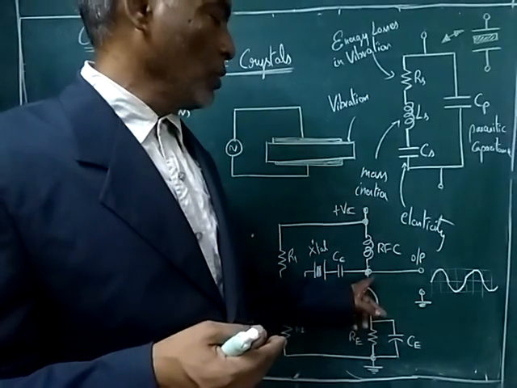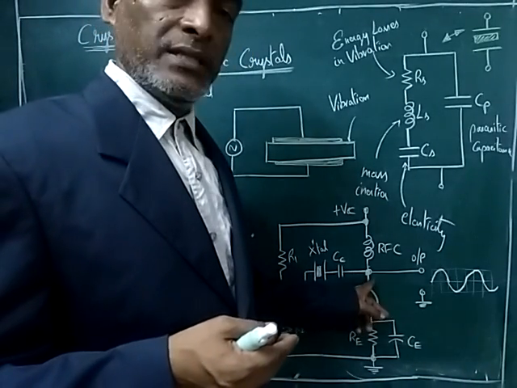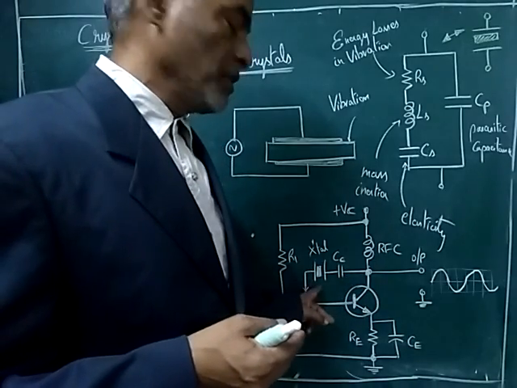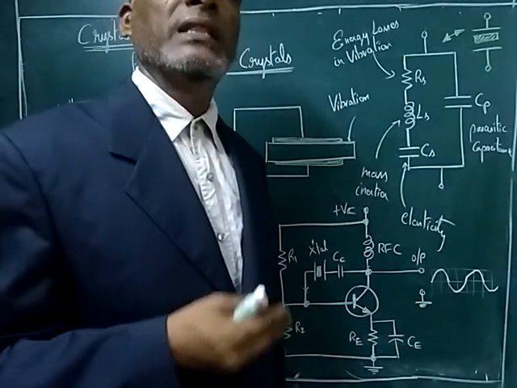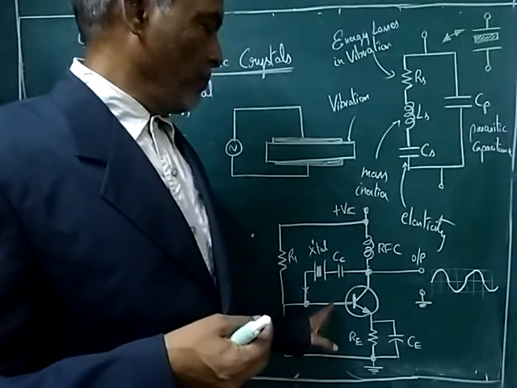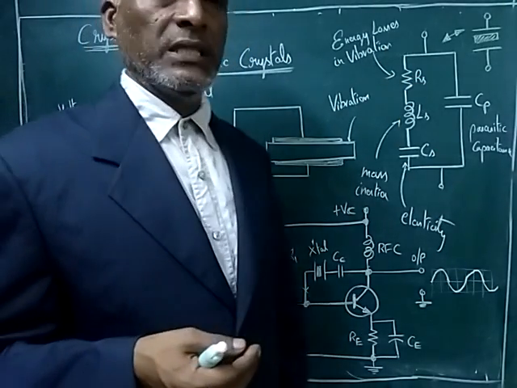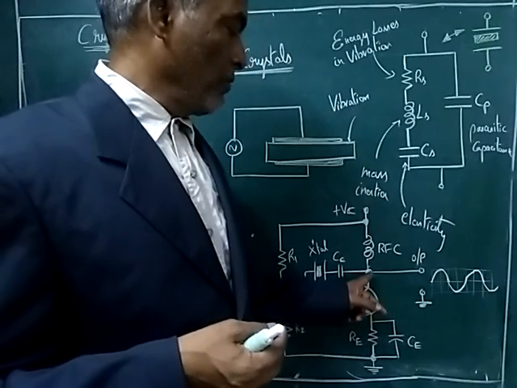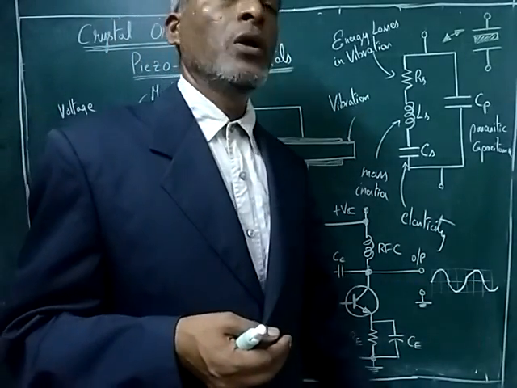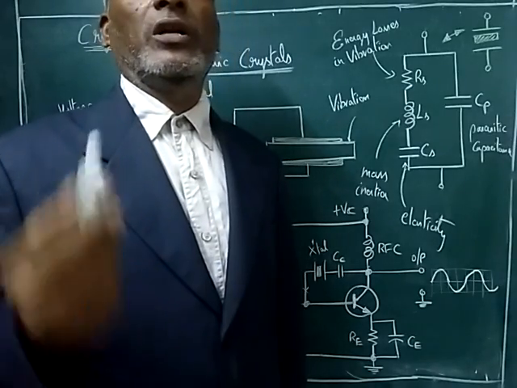The transistor produces a 180 degree phase shift between base and collector. Then another 180 degree phase shift is produced by the series resonance circuit inside the crystal. So in total we get a 360 degree phase shift.